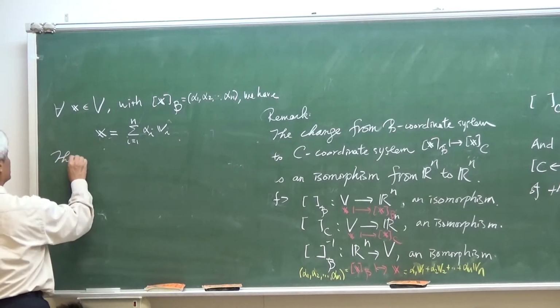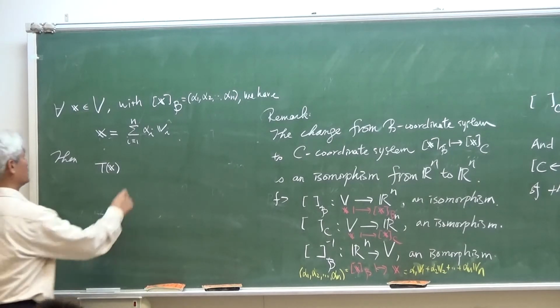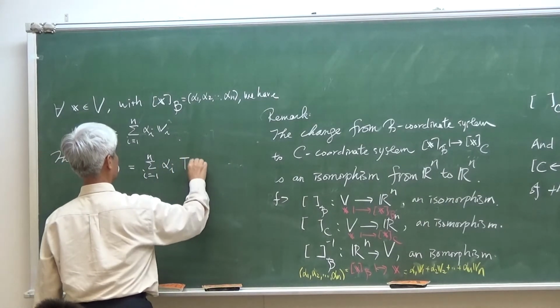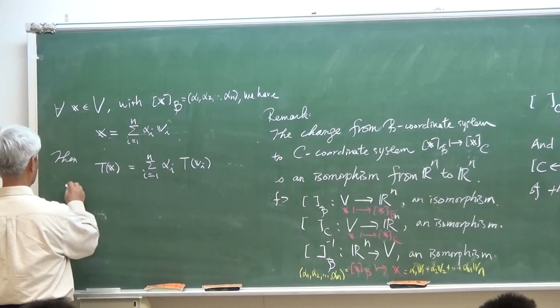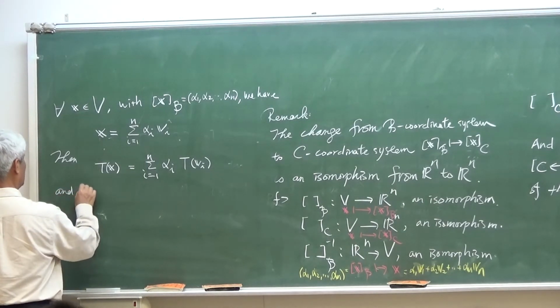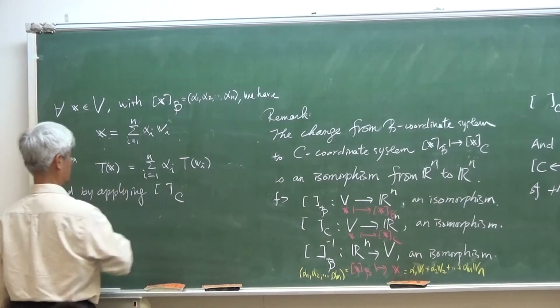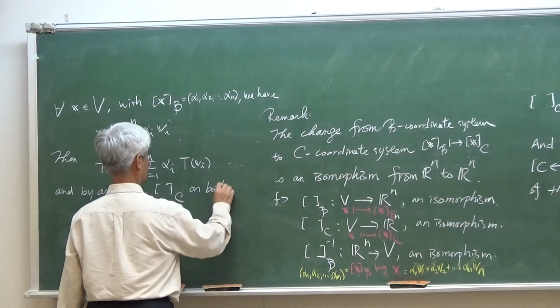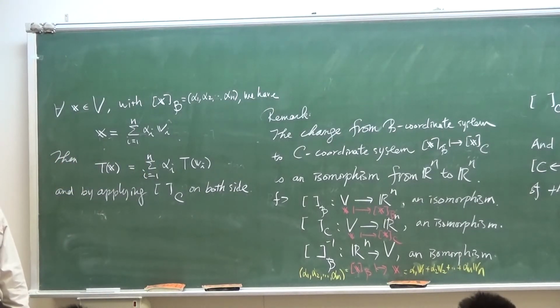Then T(x) is equal to a summation. Now, by applying the C coordinate system on both sides, because the C coordinate system is for the codomain W, right?